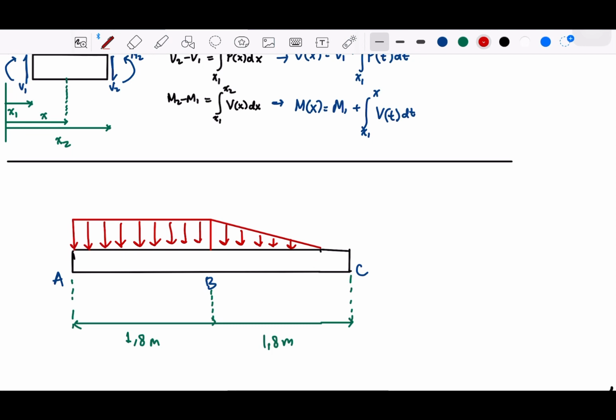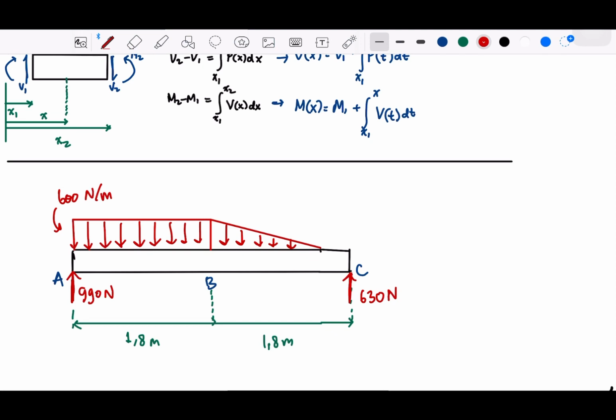Suppose that we have already been given the information on the external loads and the internal supports. The reaction force here is 900 Newton, this is 630 Newton, and the distributed load is 600 Newton per meter. Oh, it's not 900, it's 990. Sorry, 990.